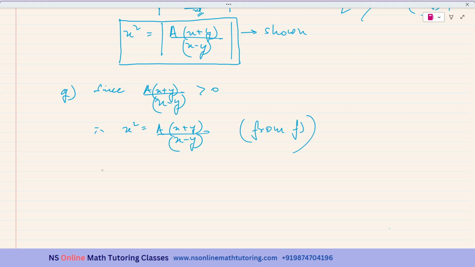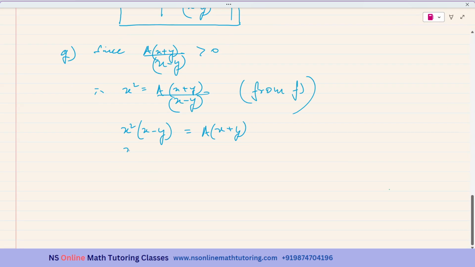And now I'll be multiplying both sides by x minus y. So it is x square and x minus y equal to a times x plus y, and I'll be expanding both the sides. So x cube minus x square y equal to ax plus ay.